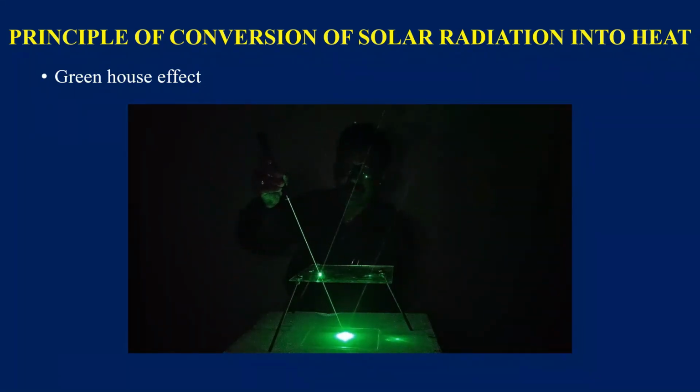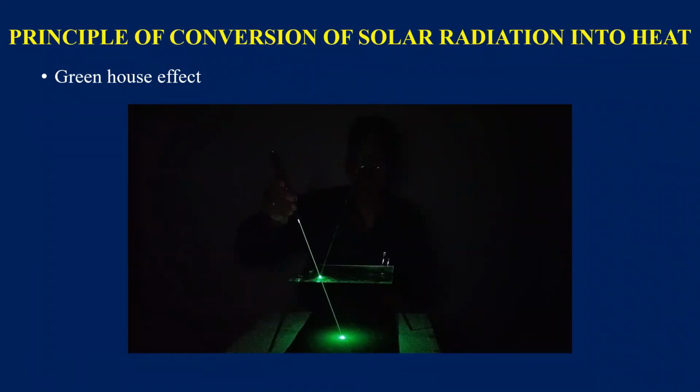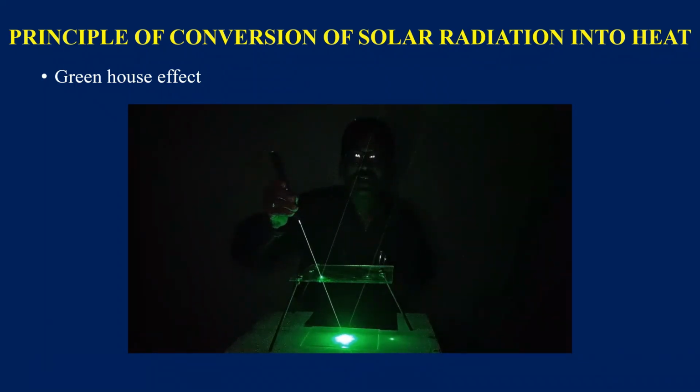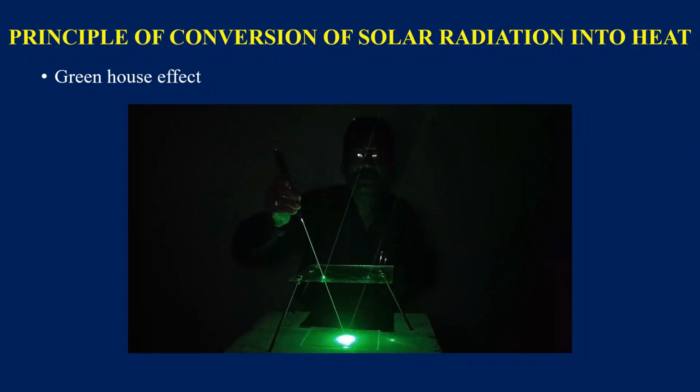So to avoid the heat loss due to reflection, we have to paint the absorber black. Now I am placing black paper here. See how the absorption takes place. It absorbs all the radiation. Now I am removing it, and again placing it here. See how it is absorbing.